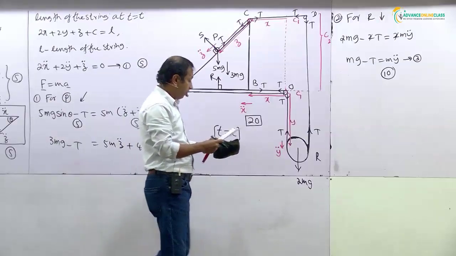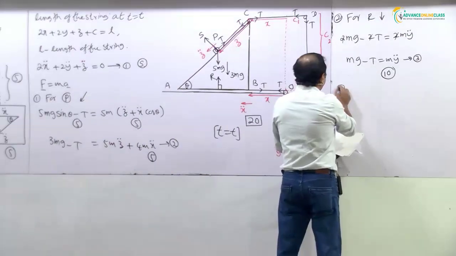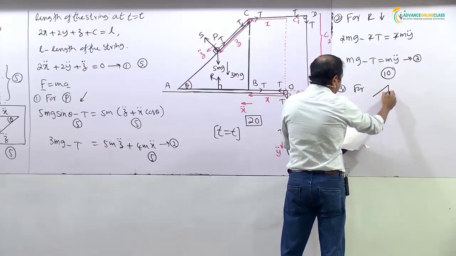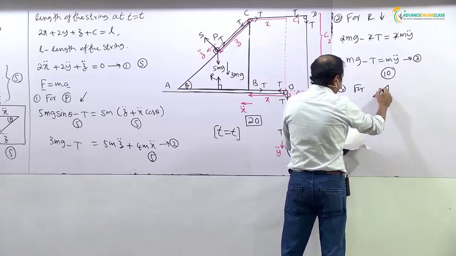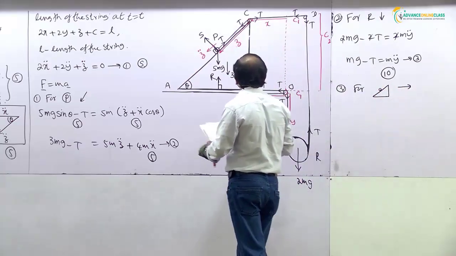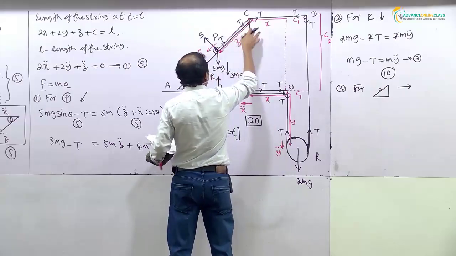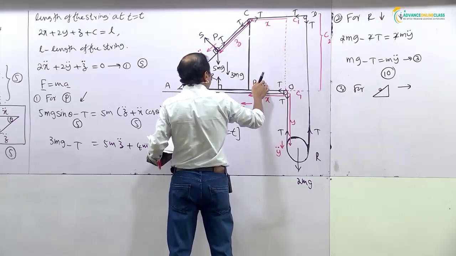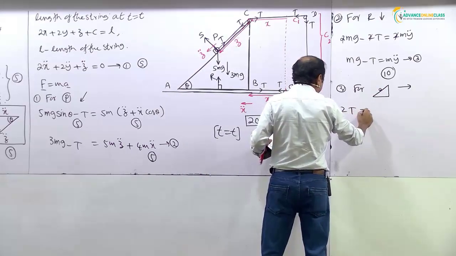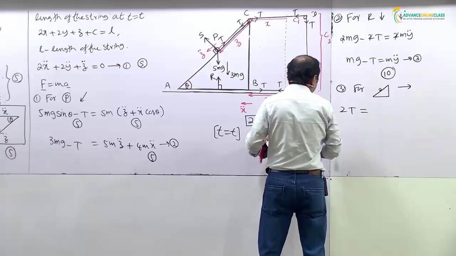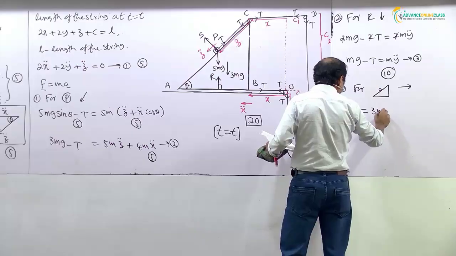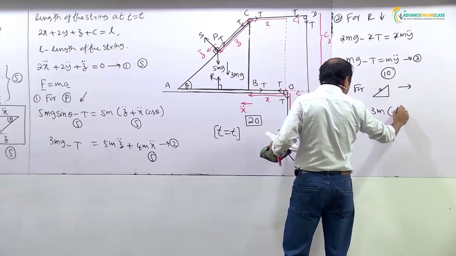Next one, number 3. For the system we apply. System means wedge and this particle P. We apply rightward. Then what is the force acting? This T you can cancel down. This T and this T, 2T, rightward. 2T equals, right, here mass 3m, acceleration minus x double dot.